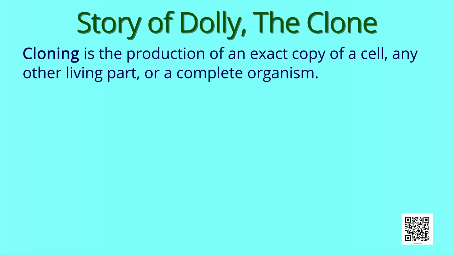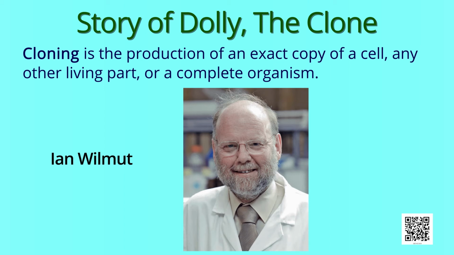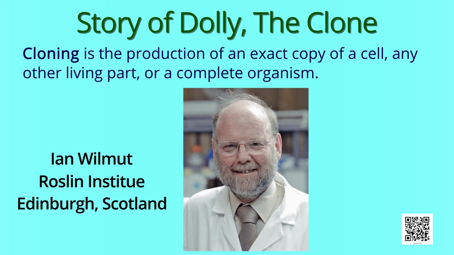Story of Dolly, the clone. Cloning is the production of an exact copy of a cell, any other living part, or a complete organism. Cloning of an animal was successfully performed for the first time by Ian Wilmut and his colleagues at the Roslin Institute in Edinburgh, Scotland.